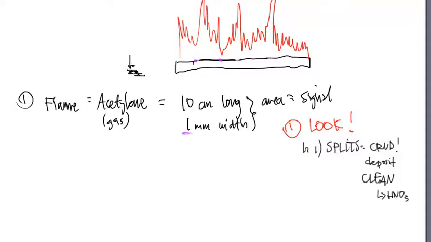We're only looking at 1 millimeter here. So if those deposits get inside of that 1 millimeter wide channel, then that creates the splits. Well, nitric acid will love to get down in there and eat that crud off. And that crud is probably some nasty deposits that are being put on there by your sample.